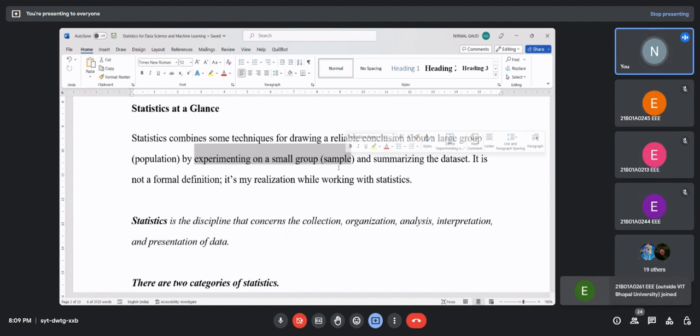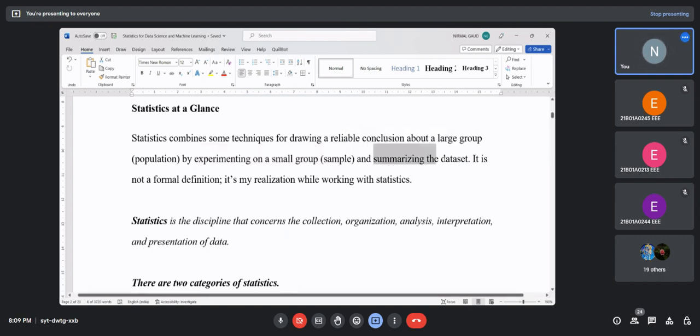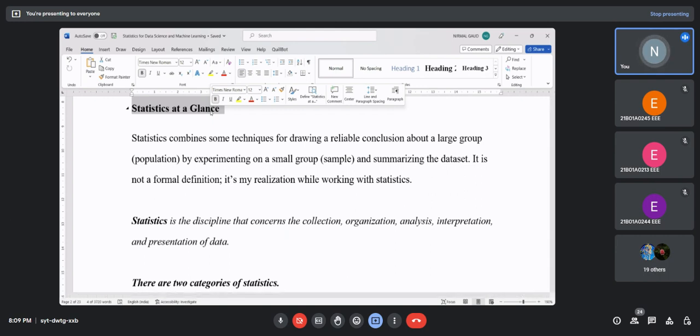So I can take the sample and I can draw some conclusion: this is the state of women in your city. I can summarize the data set. That's the importance of statistics. So out of a population, you can take some sample size, do the experiment over it and get the result.